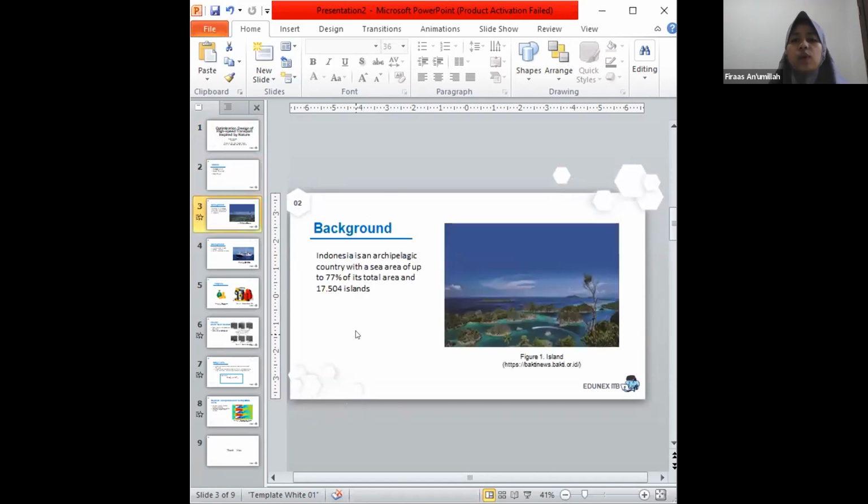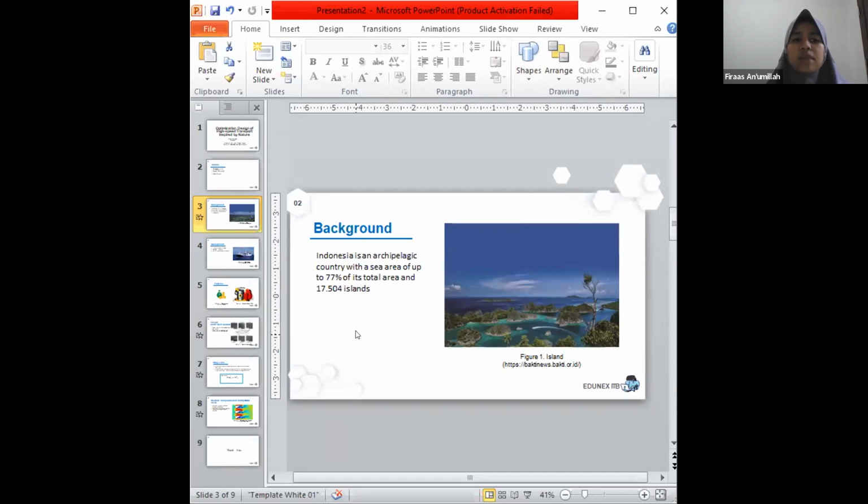Okay, first one, Indonesia is an archipelagic country with a sea area of up to 17.7% of its total area and 17,504 islands. These islands consist of major islands, namely Java, Kalimantan, Sumatra, and Papua.